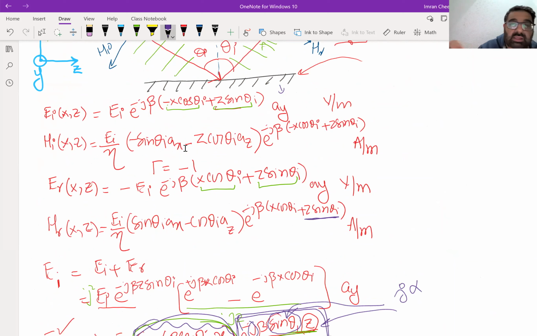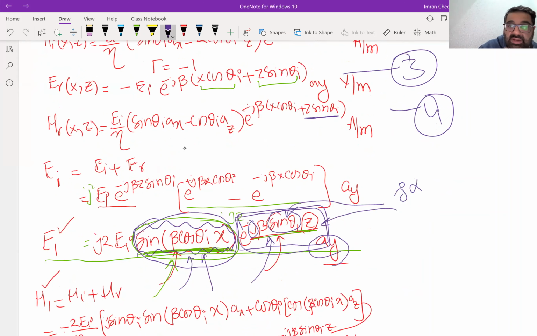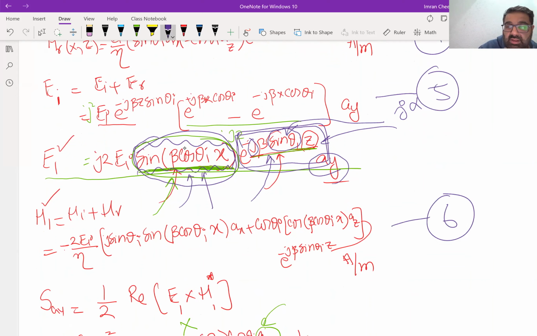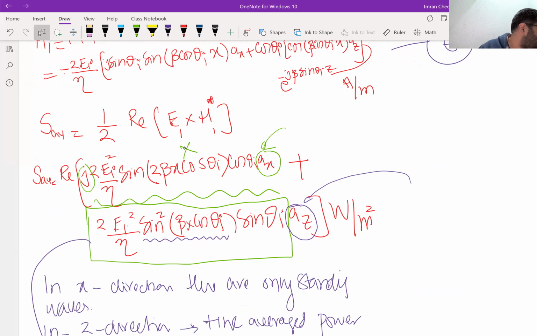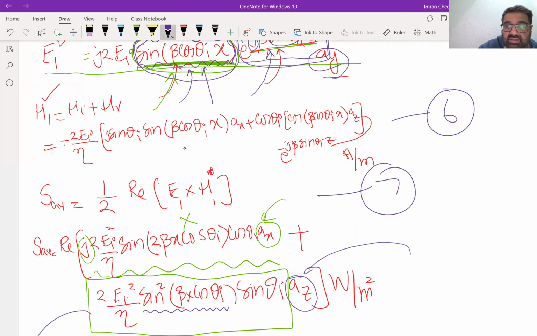So let me call this equation as 1, this as 2, and this as 3, and this as 4 HR, and this total E1 as 5, and total H1 as 6 number, and this one as 7, and this one as 8.